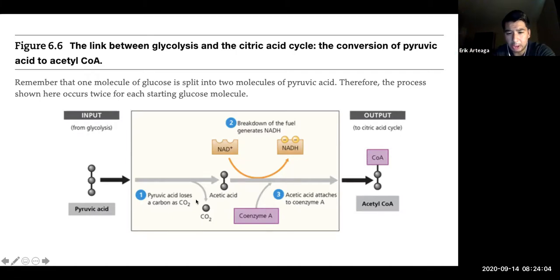Okay. So the pyruvic acid again gets broken down one more time, and you get this acetic acid, which can then plug in with the help of coenzyme A into this process of the citric acid cycle. Okay.